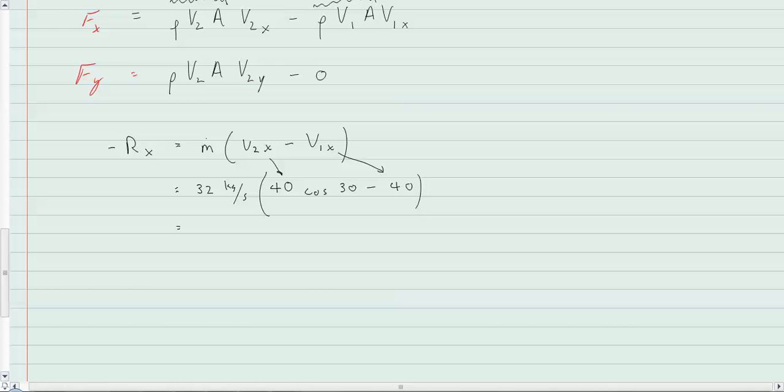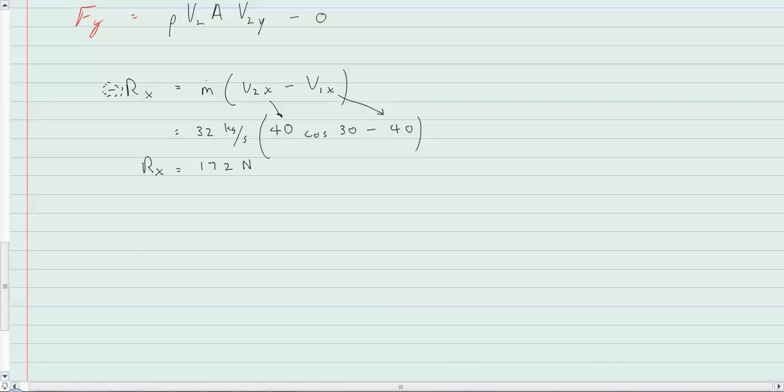This value for Rx, taking into account we've assumed the direction, is 172 newtons. So that's pretty substantial for us to hold this blade or deflector stationary as you're hitting it with 32 kilograms per second of water at 40 meters per second.